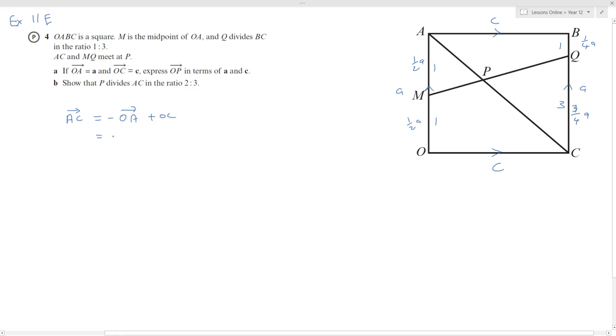So that's going to be equal to, oops, it's a vector, minus A plus C, which is equal to C minus A.